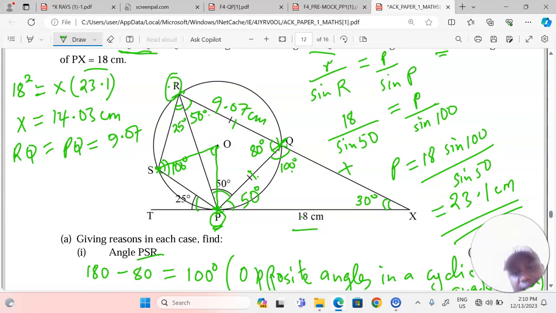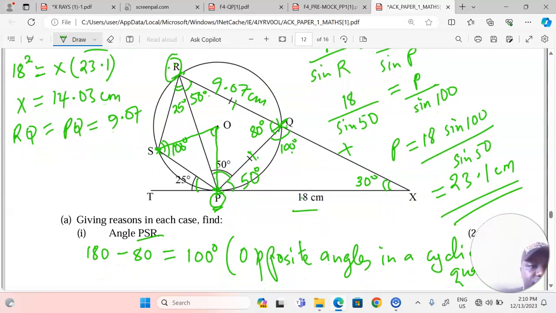Now, with this length known, we can again apply solution of triangles. Twice the radius of the circle, from the sine rule, is given by the length 9.07 out of the sine of the opposite angle, which is 50.